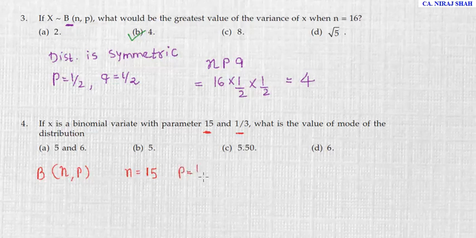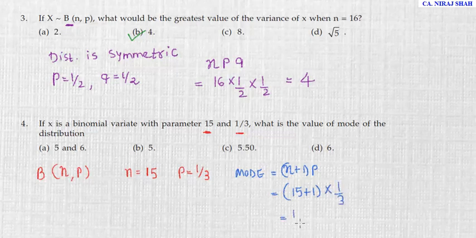Now if p is 1 by 3 and n is 15, then we can apply the formula to find the mode. Mode of binomial distribution is equal to (n plus 1) into p. So it is (15 plus 1) into 1 by 3.